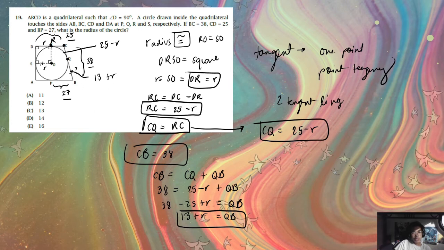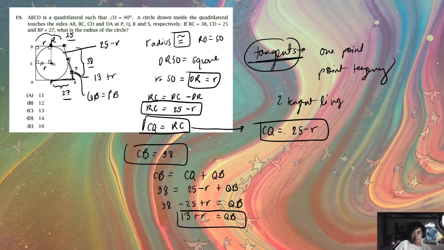Now QB here is going to have the same measurement as PB. Why is that so? Because PB and QB, as we mentioned a while ago, are tangents. If they're tangents, they're going to be congruent to each other, since they intersect the circle at one point.